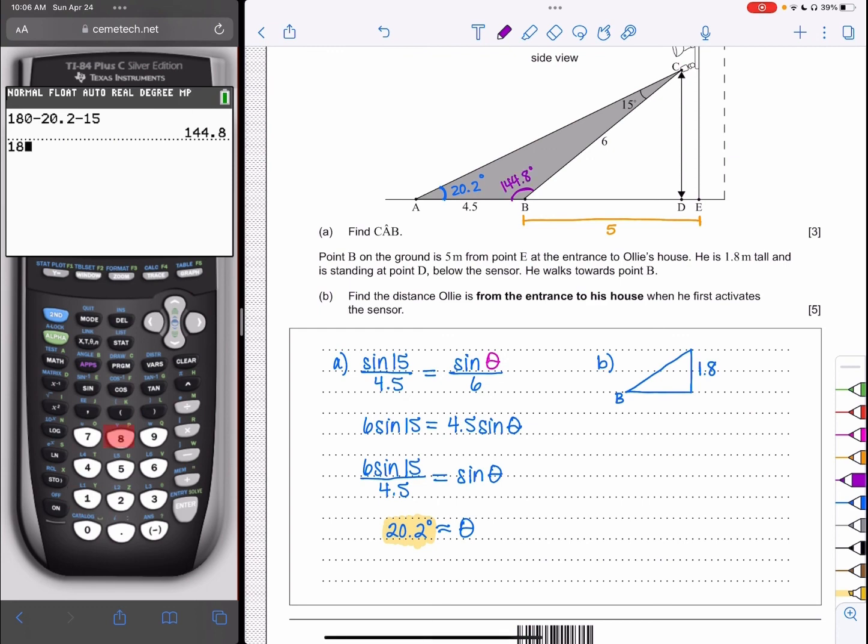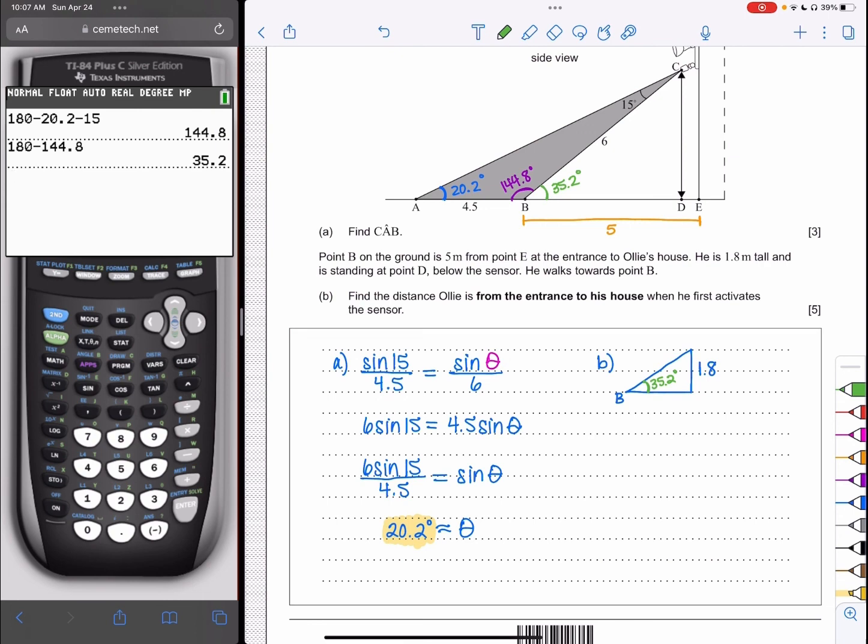And then if I do 180 subtract 144.8, that is going to give me that this angle here on the other side of it is 35.2 degrees. So I already know that this angle in this picture that I drew is going to be 35.2 degrees.